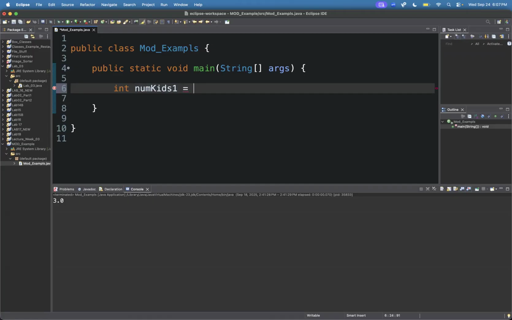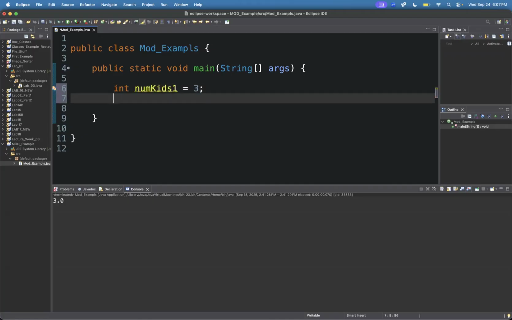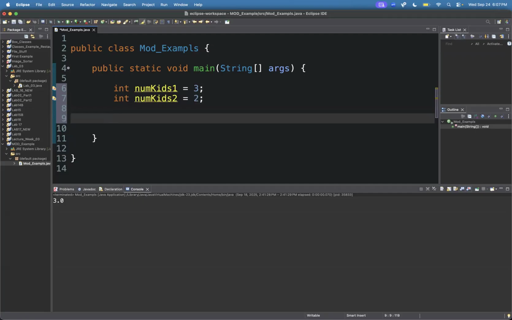I feel like 5's a lot of kids. int num kids 2, and put a number there. Let's say 2. Okay, so number of kids 1 is 3, number of kids 2 is 2. So there's 5 kids total.